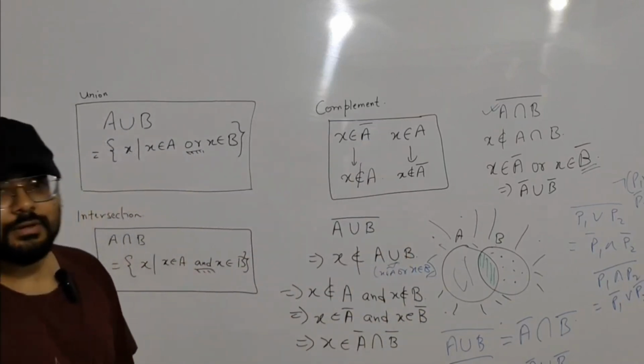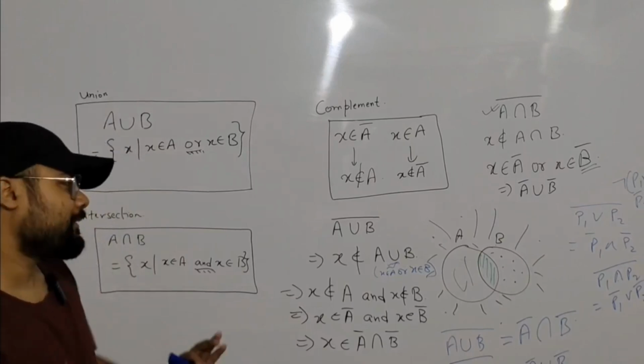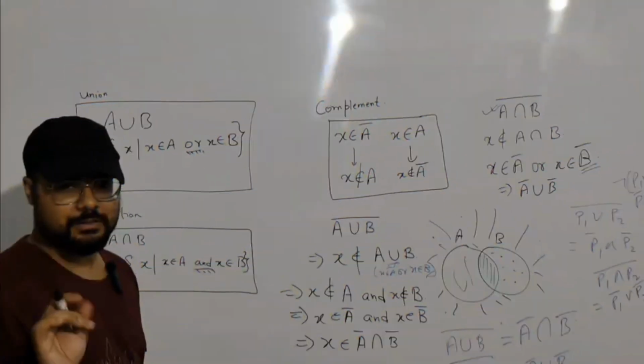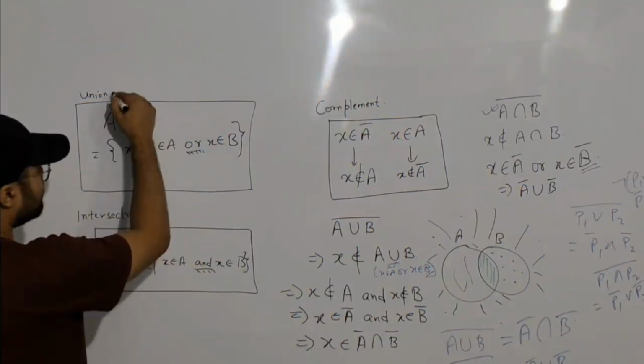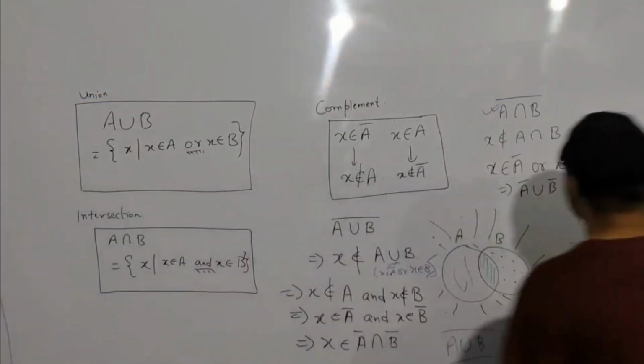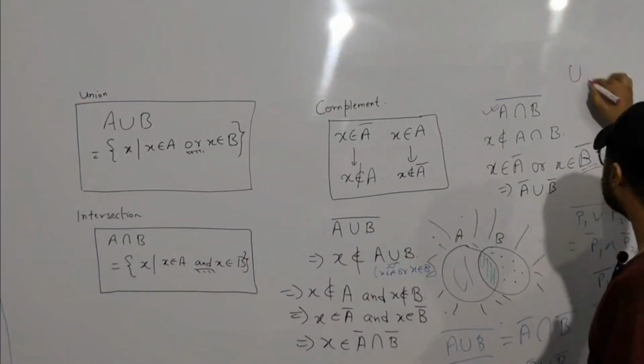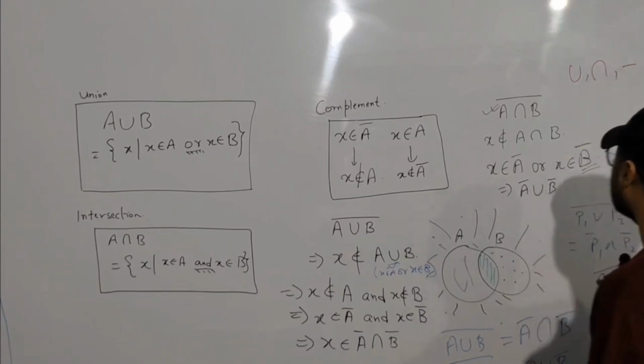So this is very simple actually. Let me summarize it. How many basic set operations are there? Union, intersection, and complement, right?